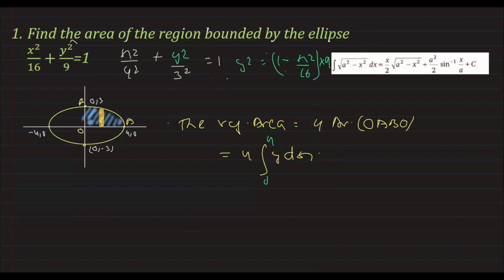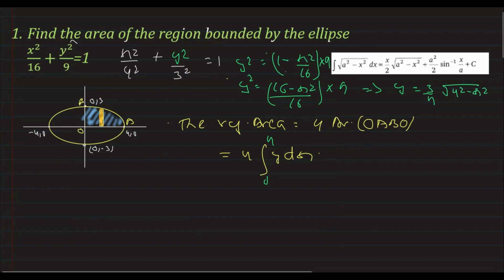So first I'll take the LCM, which is going to be 16 minus x squared, divided by 16 and multiplied by 9. Now for further simplification, this is y square as of now, so y will be equal to under root of 9 is 3, under root of 16 is 4, and that multiplied by under root of 16, which I can write as 4 square minus x square.